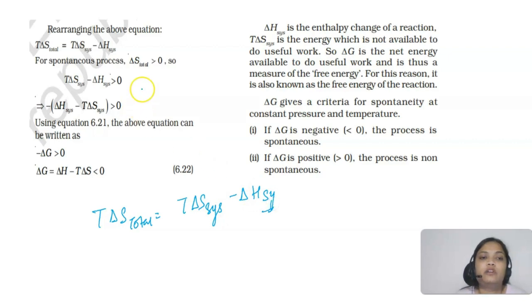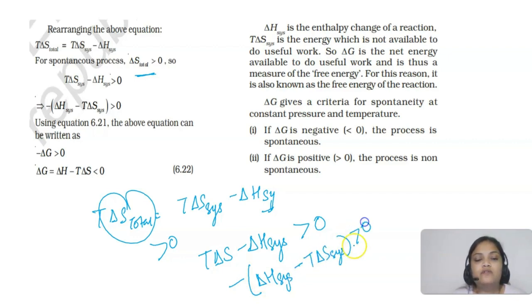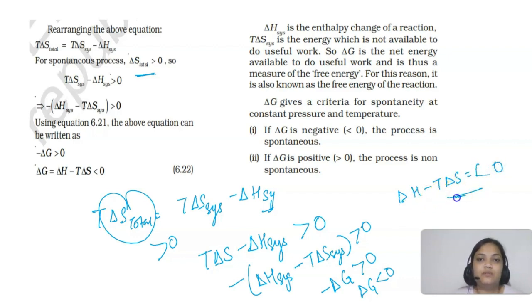Now you know for spontaneous process delta S total is positive, so T delta S minus delta H system will be positive. Okay, so यहाँ से आप लिख सकते हो minus delta H system minus T delta S should be positive, so it means minus delta G would be positive, or delta G should be less than 0, means delta H minus T delta S should be less than 0.